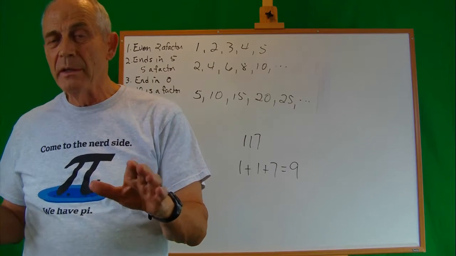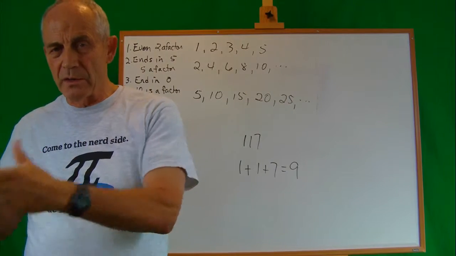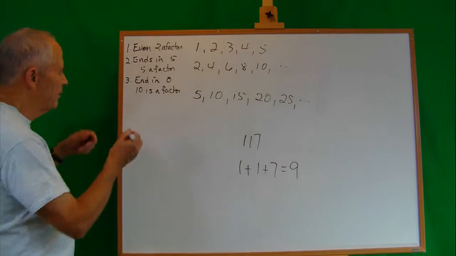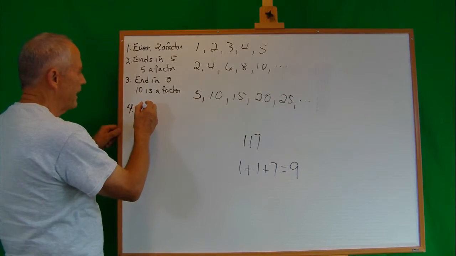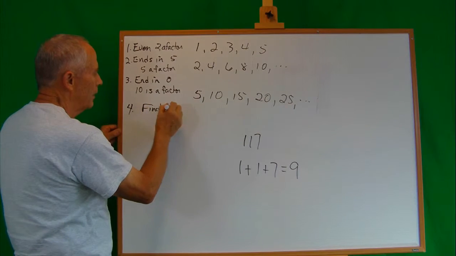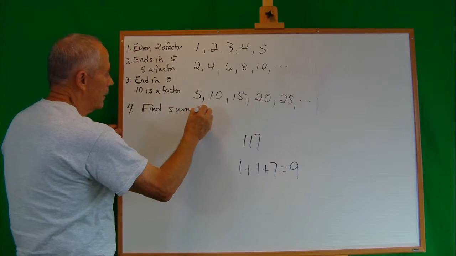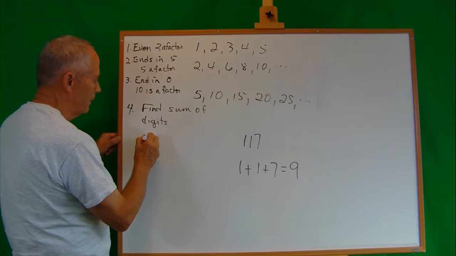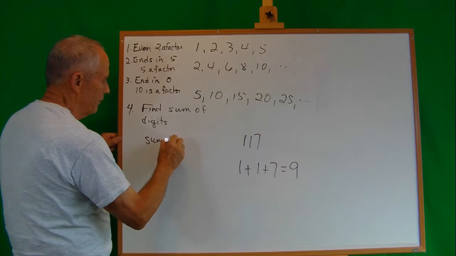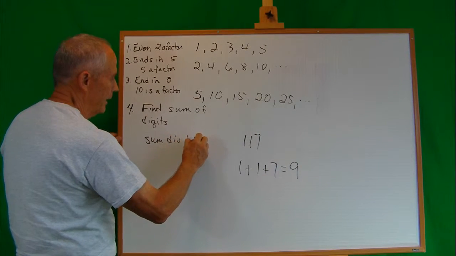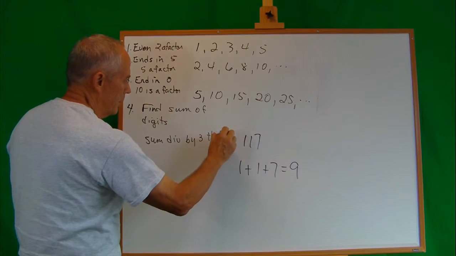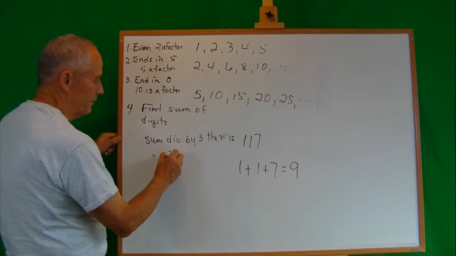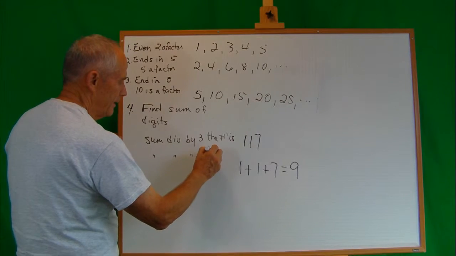Now remember, you have this video to watch. You also have access to the notes, so you can look at the notes and follow along with them. But find the sum. If the sum is divisible by 3, the number is. If the sum is divisible by 9, the number is.